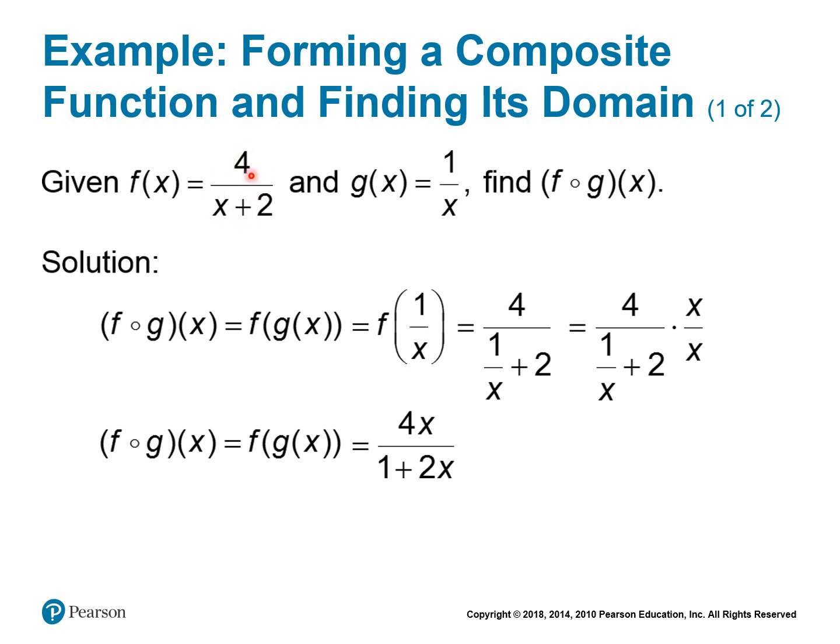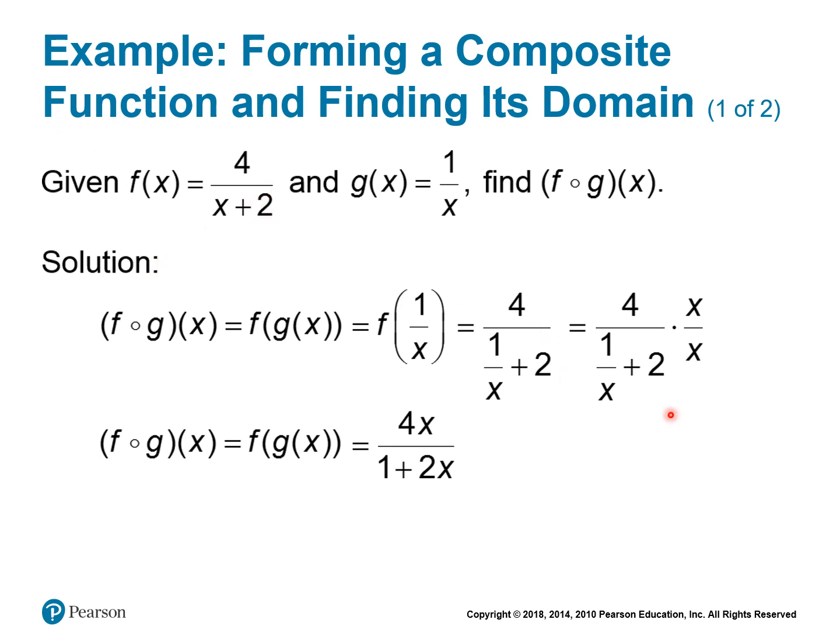So wherever there is x in the first function, we have to substitute the x with 1 over x, f of g of x. And that's what they have done here. So 4 is in the numerator, there's no x there, so there's no question of substituting anything here. In the denominator, we have x plus 2. So into the x, we substitute 1 divided by x, and then don't forget the plus 2.